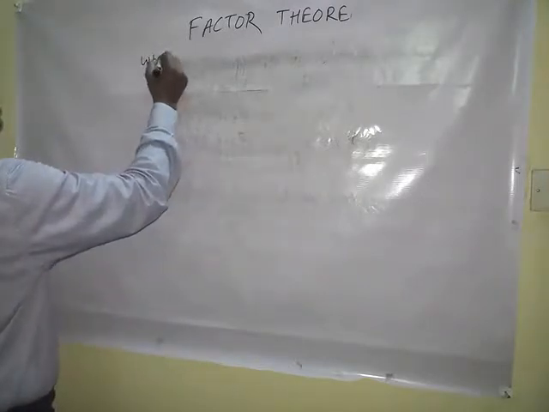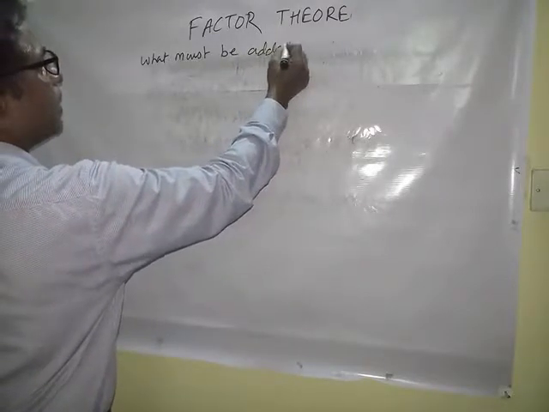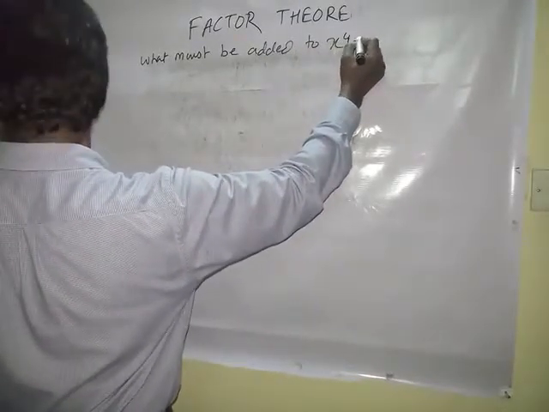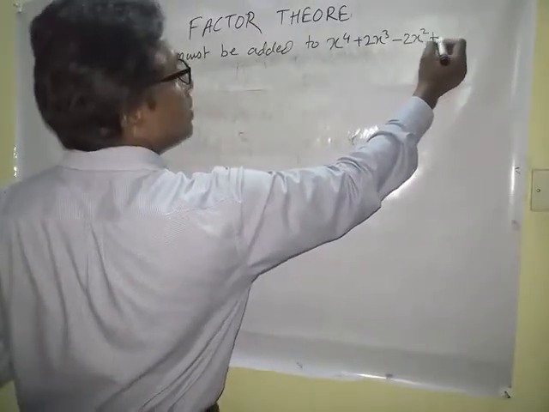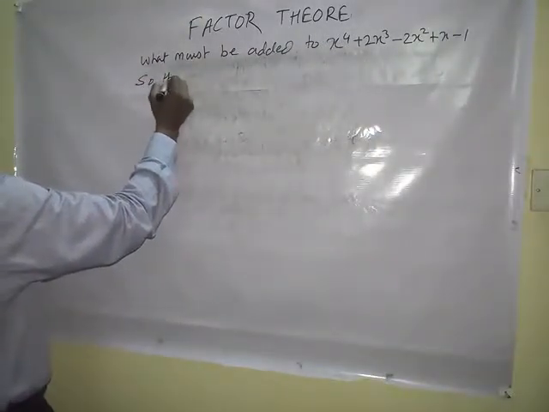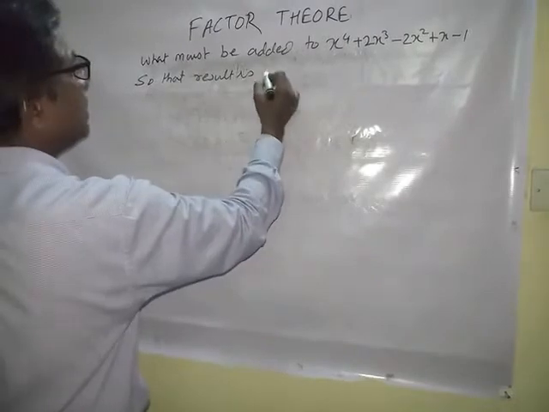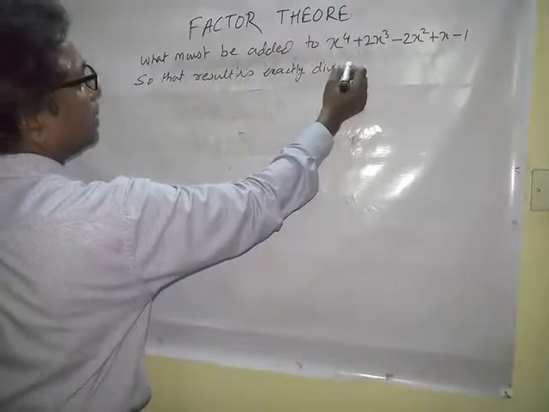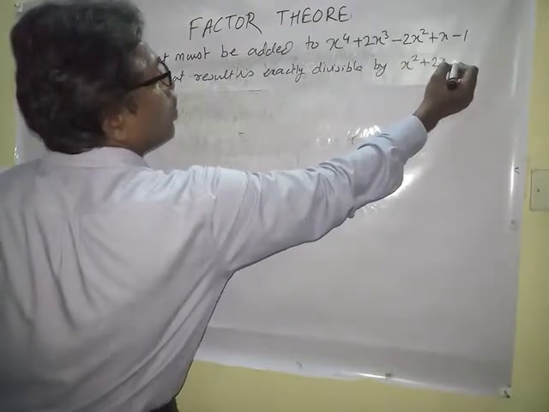I'll write down: what must be added to x raised to power 4 plus 2x cube minus 2x square plus x minus 1, so that the result is exactly divisible by x square plus 2x minus 3.